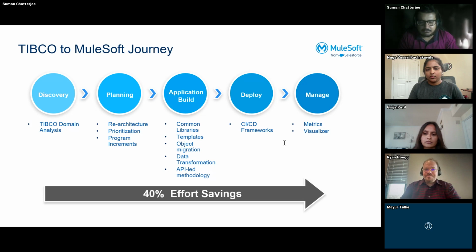Just a ballpark I'm telling. Now, if you are able to create a utility or an automation that can do this transformation, it's a matter of seconds, if not minutes, that your DataWeave transformation files are already available, right?